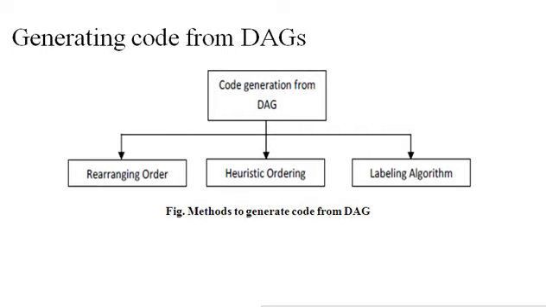The target machine and instruction code, basic blocks, next use information, register and address descriptors, register allocation and assignment, DAG representation of basic blocks and generating code from DAGs.